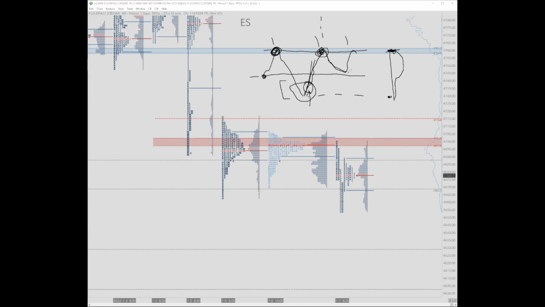The implication here is that if you want to put probabilities on price going a little higher than the existing range that we've developed versus go lower than the existing range that we've developed, I can assure you that the probability of one of those two things happening is on the higher side, because the market is showing us that people are willing to buy and sell up there repeatedly.